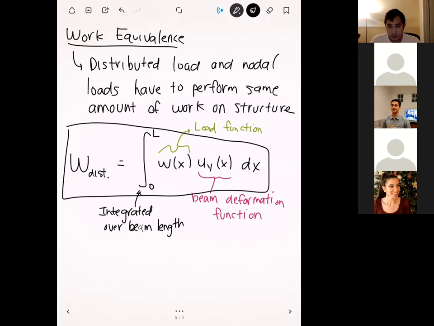It's simply force times distance, but applied with the distributed load. In order to establish this work equivalence, we're going to need to come up with a formula for the work performed by the nodal loads, and then set these two equal to each other.